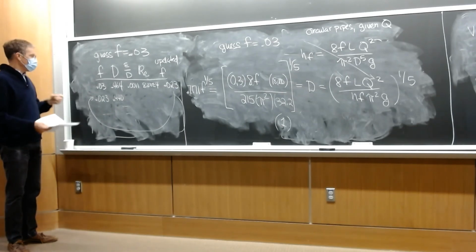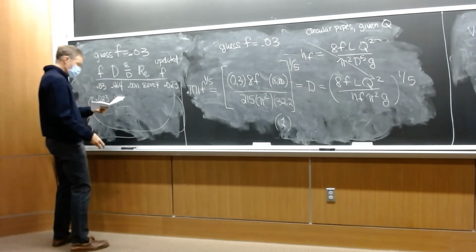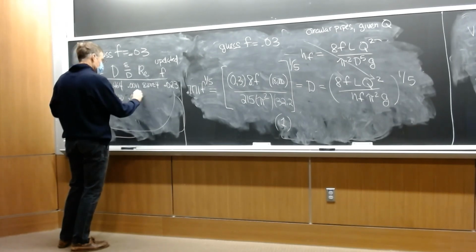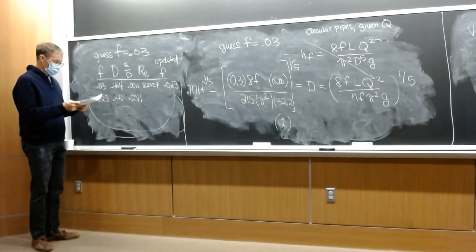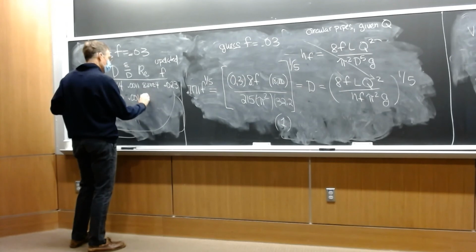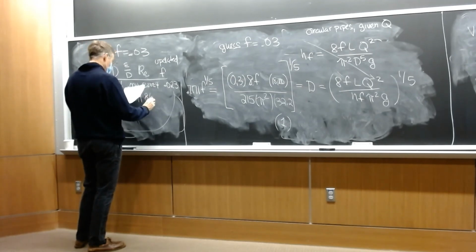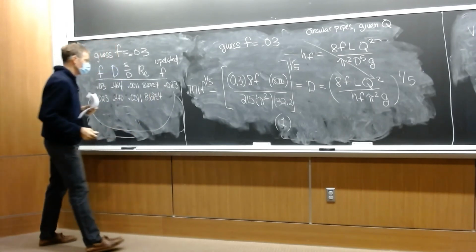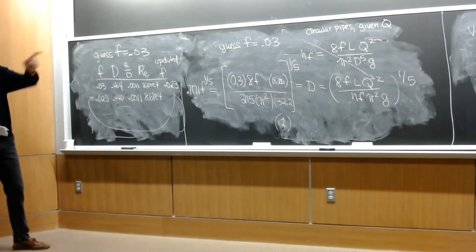And now these two D's are very similar, so you get the same value for the relative roughness. You get a very slightly changed value for the Reynolds number when we plug it into that equation.